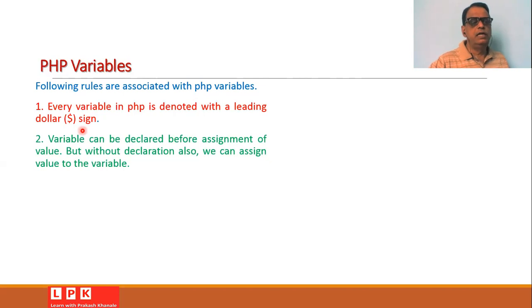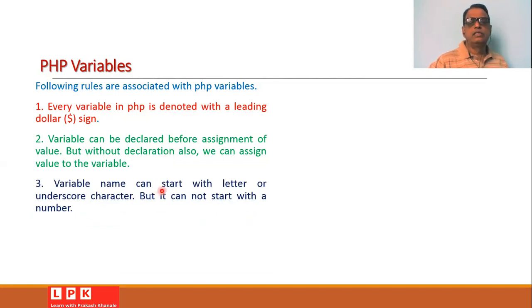The second rule is that the variable can be declared before the assignment of the value. But in PHP, there is flexibility that without declaration of the variable, you can assign a value to the variable. Suppose you have not declared some variable and you are assigning some value, that is also possible.